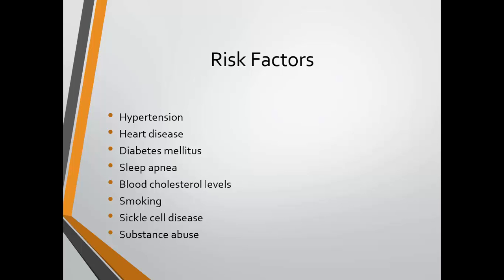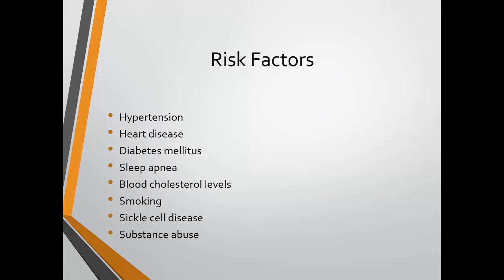Sleep apnea, a lot of times, causes them to have hypertension and causes decreased oxygen and increased carbon dioxide in the blood. Increased blood cholesterol levels increase the risk for atherosclerosis.